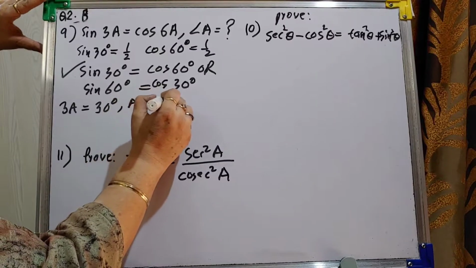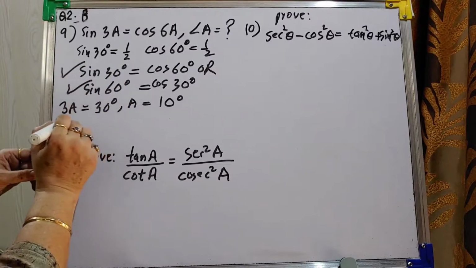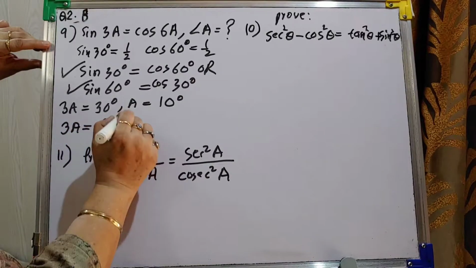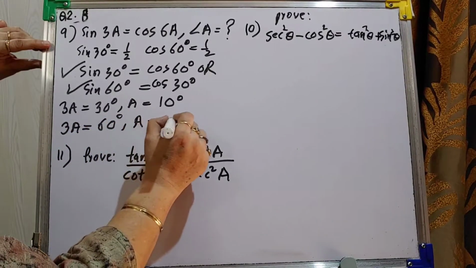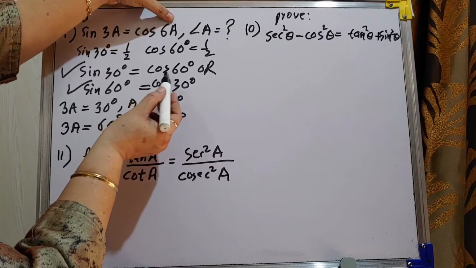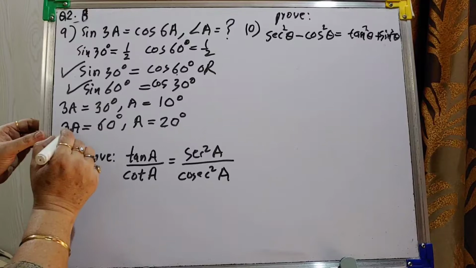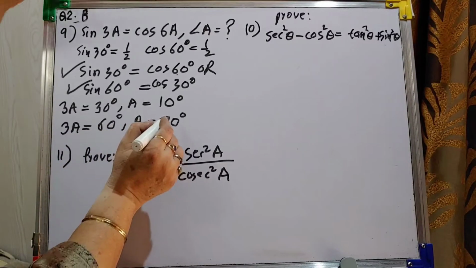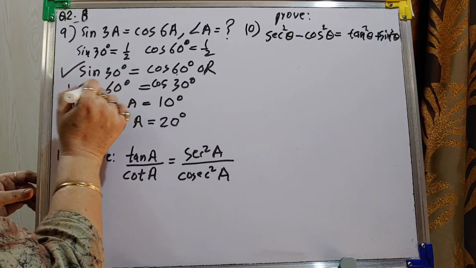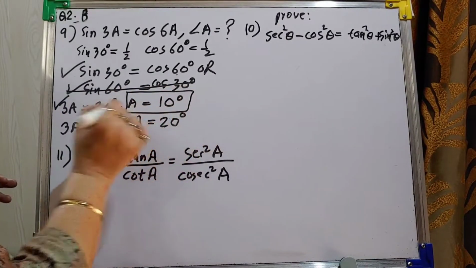So my A will be 10 degree. If I am considering this, then my 3A will be 60 degree. Then my A will be 20 degree. See, if I am taking this 10, so 6 tens are 60, this will be 60. If this is my 20, okay, 3A is 60, A is 20, then it will be equals to 120. So cos 30 is given. So we have to consider this one. So our A value is 10 degree.